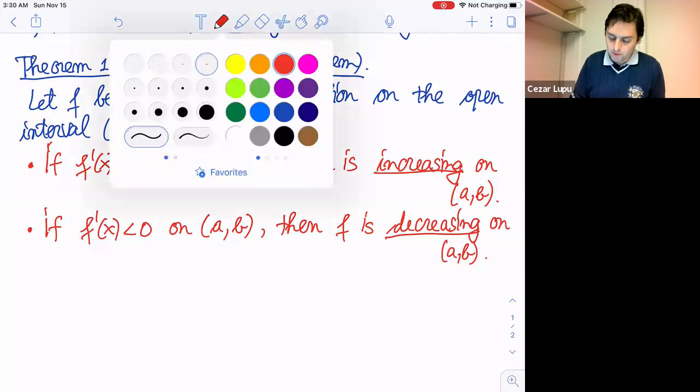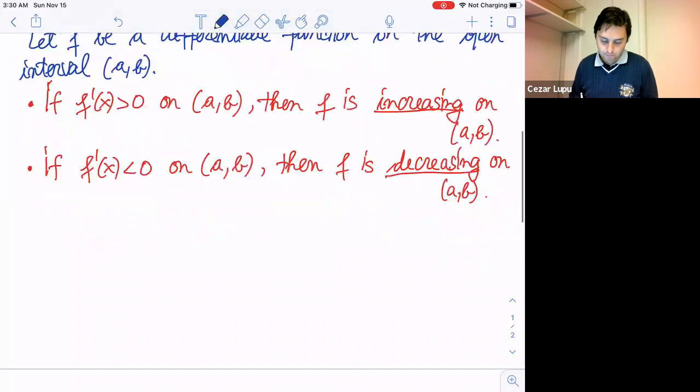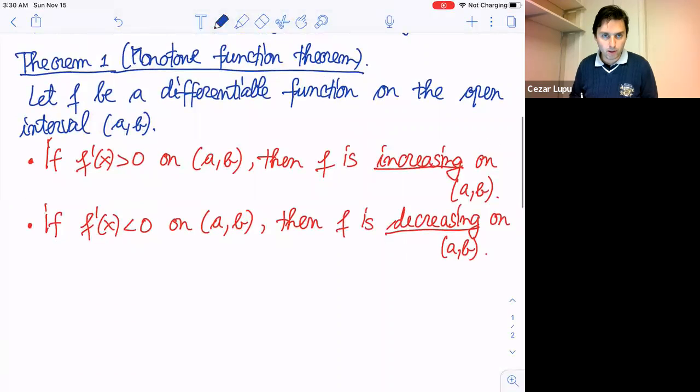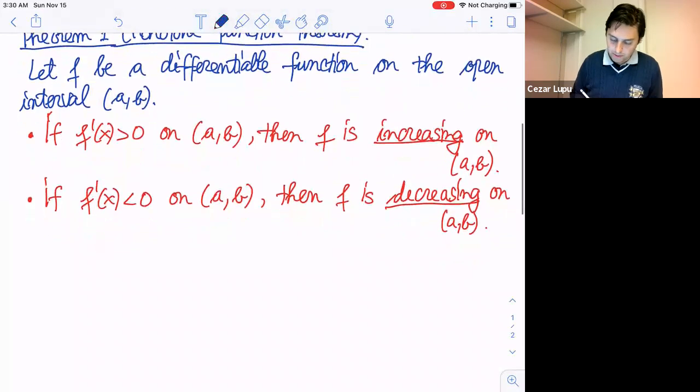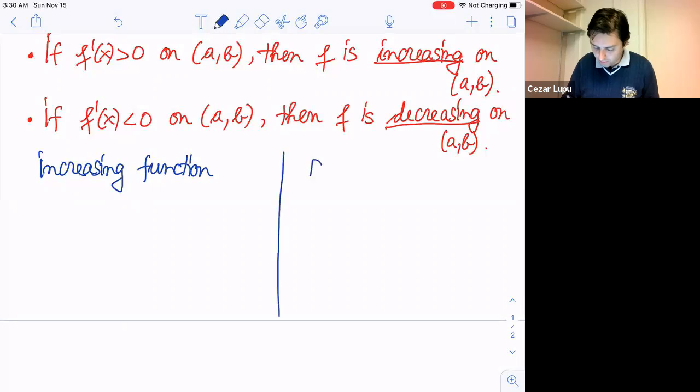Now let me picture this a bit. I want you to see geometrically what we mean by that, and how it looks graphically. Here I'll show you a picture with an increasing function, and in this case something with a decreasing function.